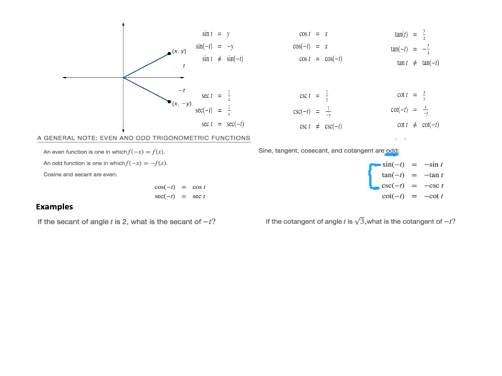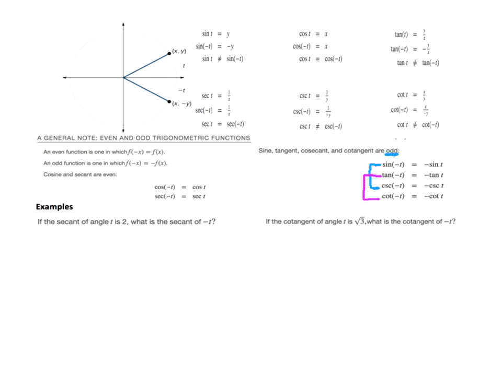So sine is reciprocal to cosecant. And remember the tangent is y over x. So you've got that y value that's flip-flopping signs, and the reciprocal to the y value is cotangent. So the four functions, sine, tangent, cosecant, cotangent, those are all the odd functions.